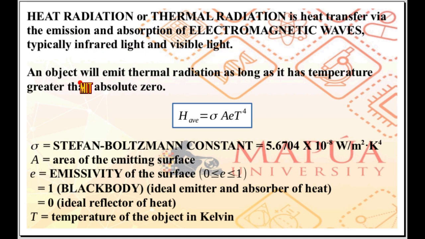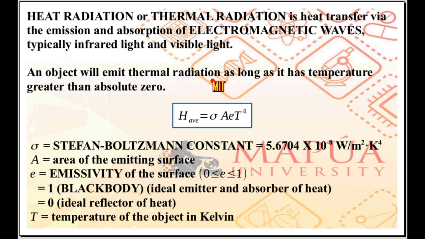An object will emit thermal radiation as long as it has temperature greater than absolute zero, which means as long as the temperature of the object is greater than 0 Kelvin, the object will emit thermal radiation.